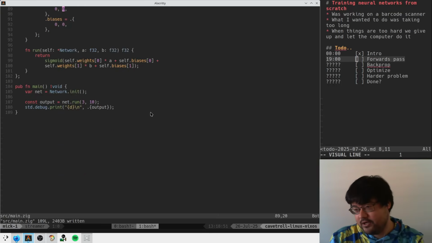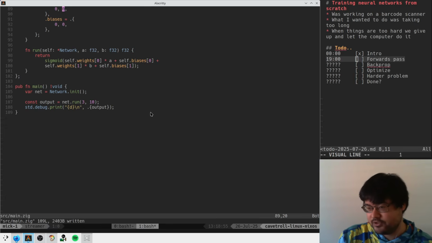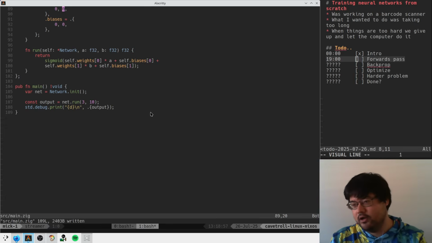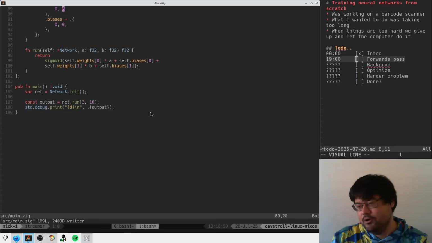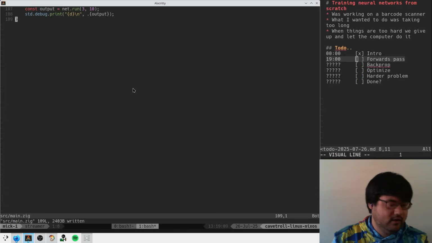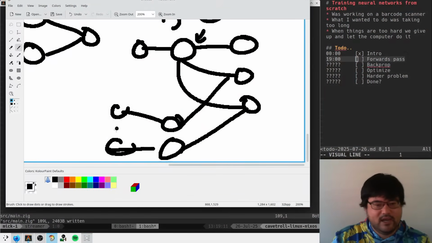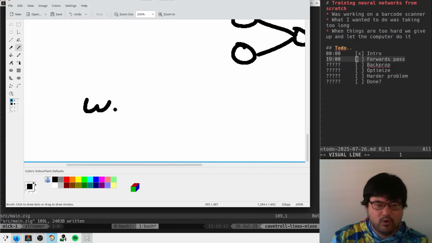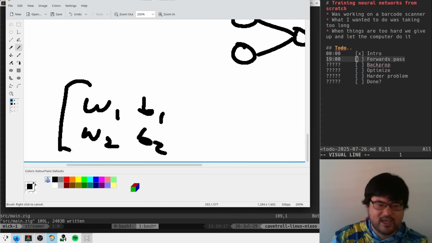Re graphics, the relation is that you can package all parameters of a node, weights and biases, in a single matrix, just like you can package general graphics transformations in a single matrix. Yeah, agreed. In both cases, you need to pad the input with a homogeneous one for stuff to work out. Okay, that's not my understanding. Oh, I see. I understand now. You're saying that you can put weight 1, bias 1, weight 2, bias 2 in the same matrix.